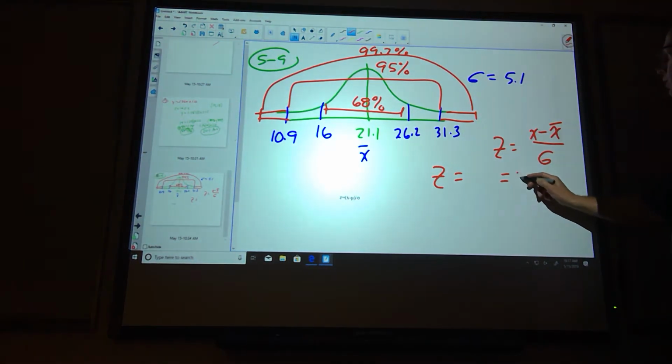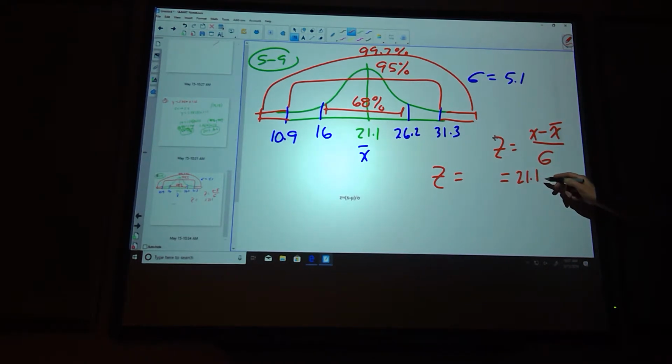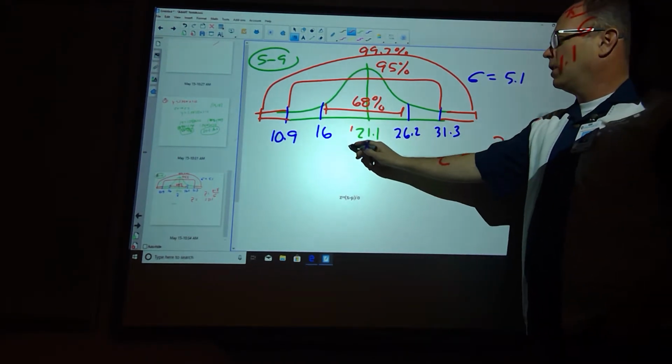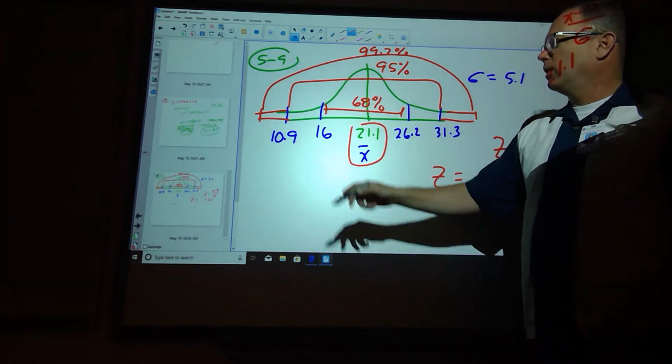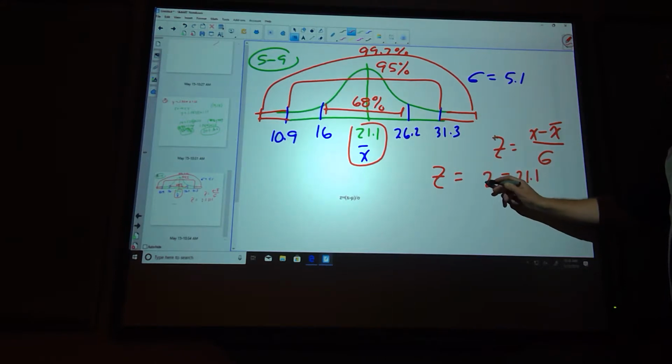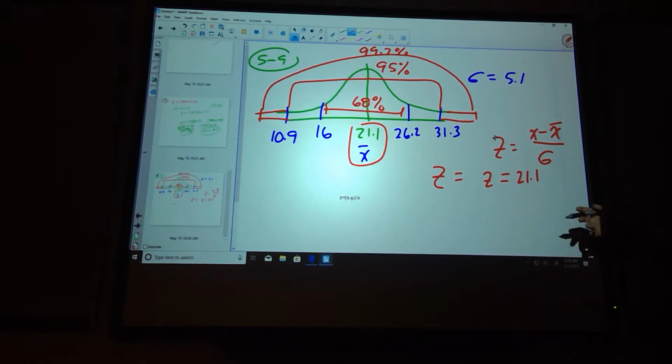We already know the answer to the first one. How many people fall to the left? If I had a z-score at 21.1, my mean, I have half to the left and half to the right of the average. So 50% of my students scored lower than a 21.1.